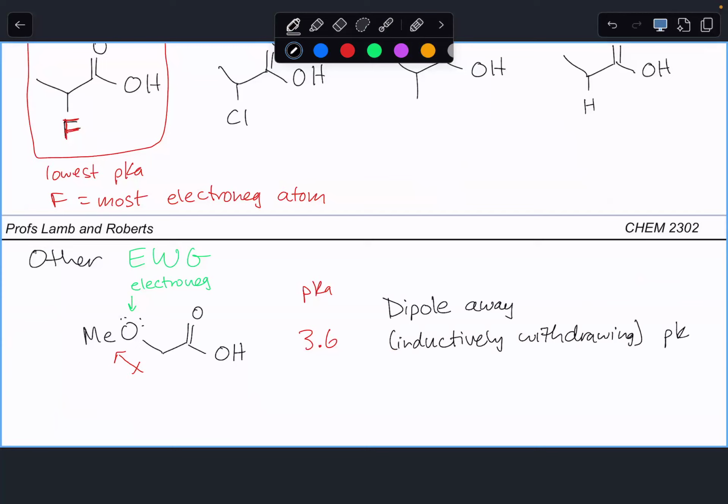So our pKa goes down. Okay. So again, we cannot do this, no resonance donating. There's nowhere for it to go, right? We would have to break a sigma bond in order to make that happen. So we don't have resonance here. It's just induction. So that's why it goes down. Okay.